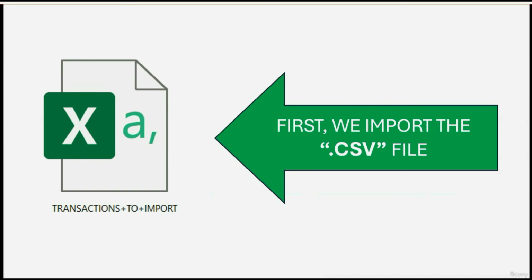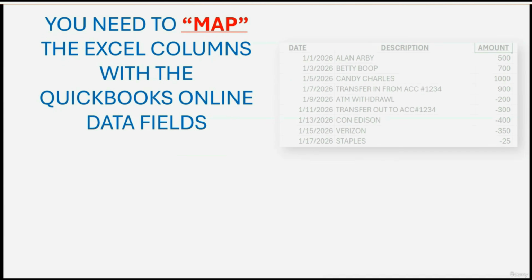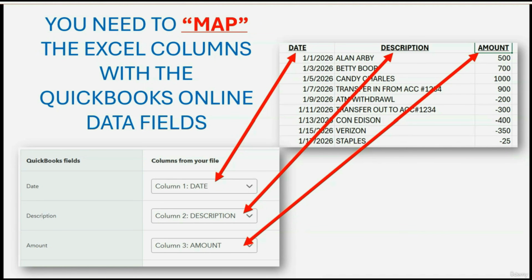Well, it's very simple. When you import a CSV file, you have to take a moment to map the Excel columns to the data fields in QuickBooks Online. And it's very simple, and most of the time QuickBooks Online can recognize it and do it for you. In our file, we only have 3 different column headings, and we only have 3 different fields of data that QuickBooks Online assumed were the 3 columns.